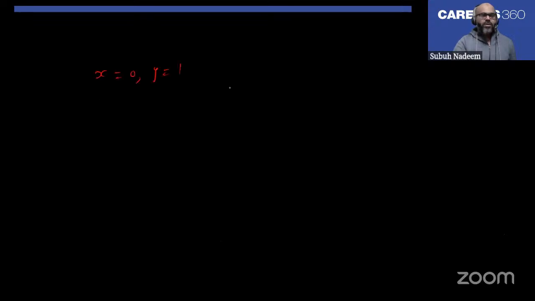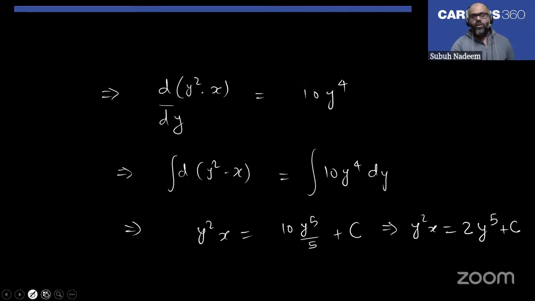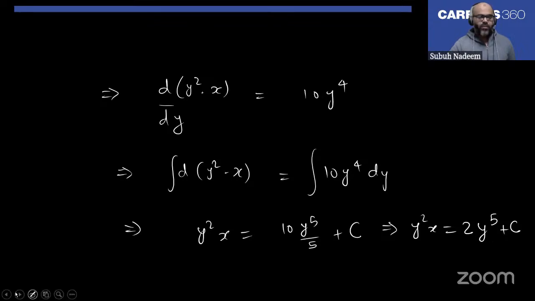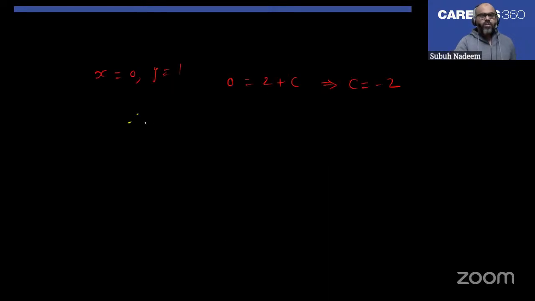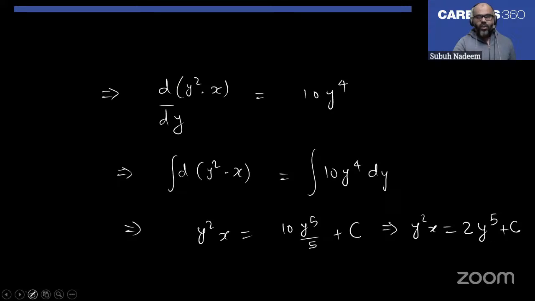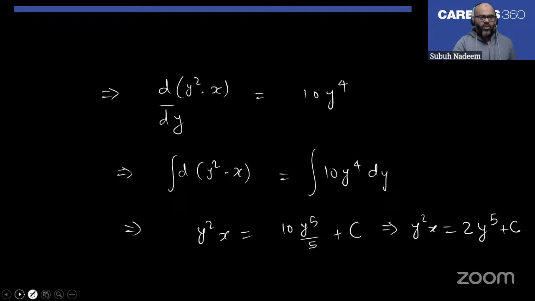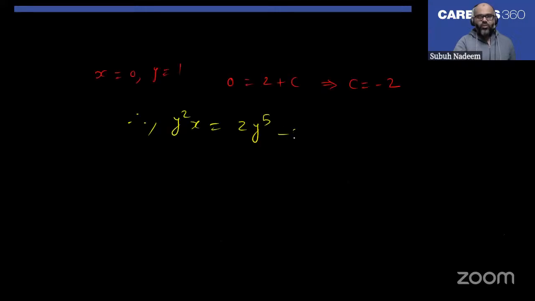So you will get 0 is equal to 2 plus c, which means c is equal to minus 2. So our equation becomes y square x is equal to 2y to the power 5, and c is minus 2.